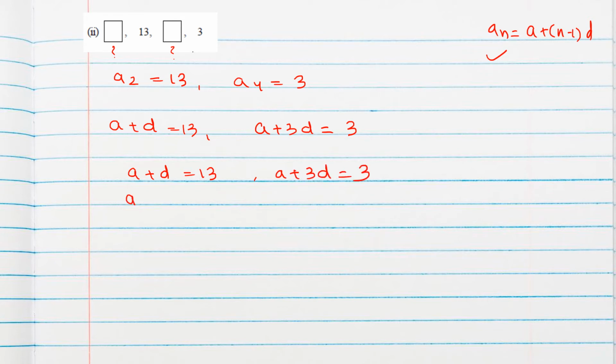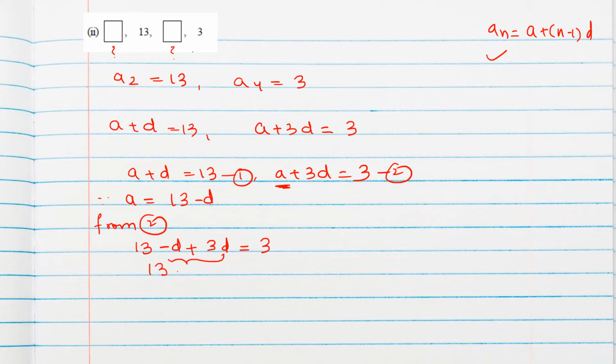So you can find the a value from here, 13 minus d, and you can substitute here. Okay. So this you can write as 1 and 2. Now since a is 13 minus d, from 2 we can write a is 13 minus d. Here I substituted, plus 3d will be the same, equal to 3 will be the same. So 13, this will give 2d.